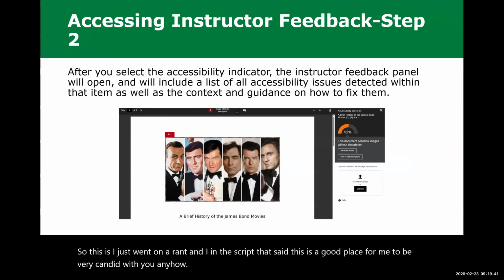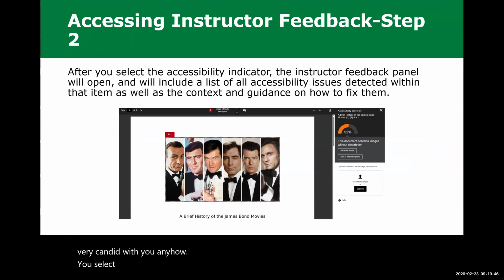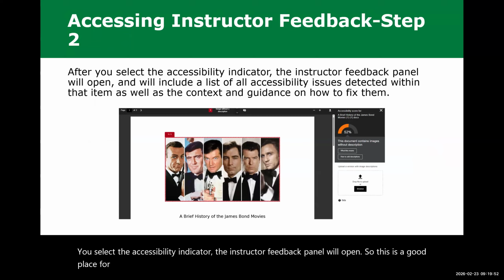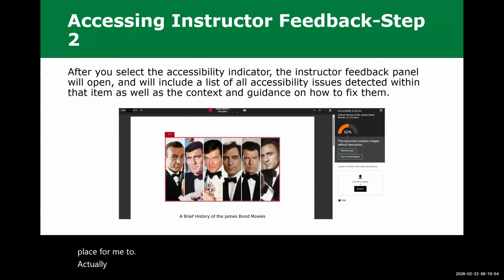so after you select the accessibility indicator, the instructor feedback panel will open. So this is a good place for me to actually go into Canvas. So I am going to stop sharing very quickly.